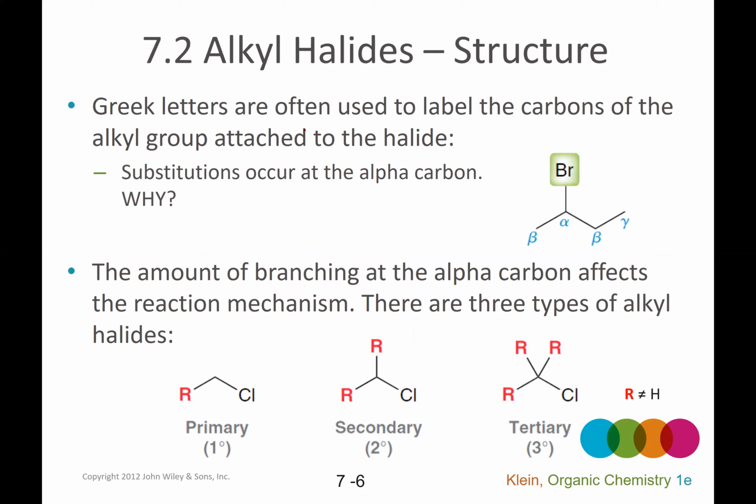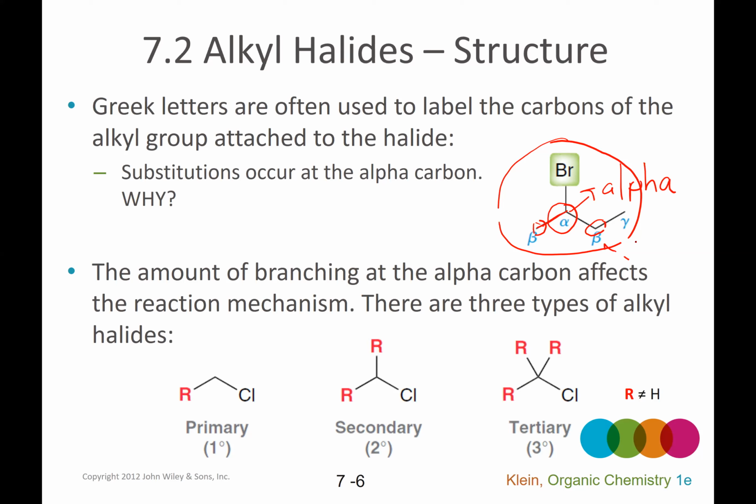Okay, guys. So here's an alkyl halide. I want a little more nomenclature stuff. So the carbon that the halogen is attached to is called the alpha carbon. Okay, remember that? And then the carbon next door, that's directly bonded, right?